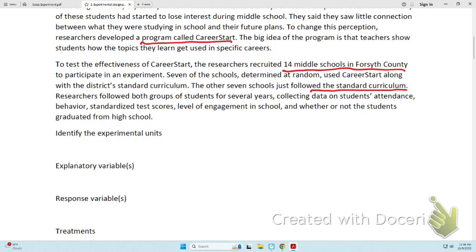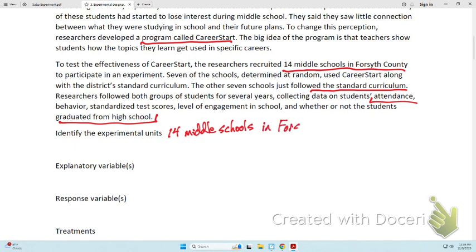So they're going to, at the very end, write down attendance all the way to graduation. All right? So I would say our experimental units, there was some discussion about this during class about what classifies as an experimental unit. But I would say this is any subject in the study that received something. So in this case, the 14 middle schools in Forsyth County.